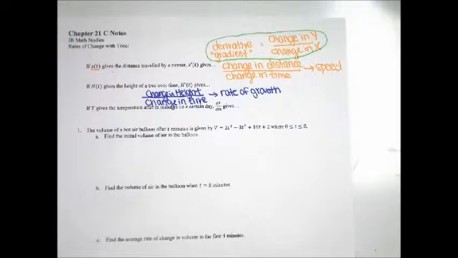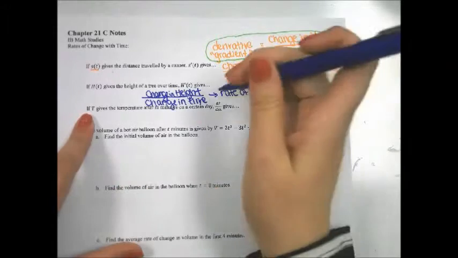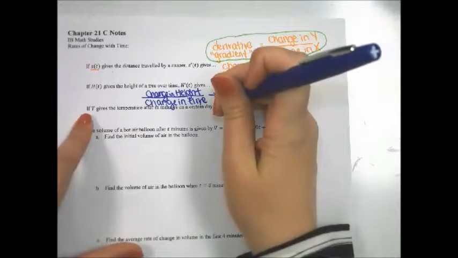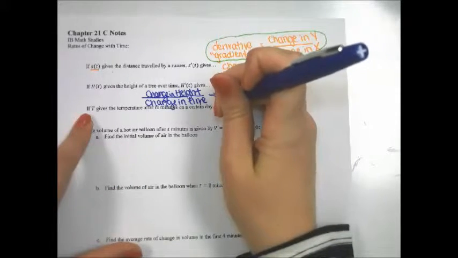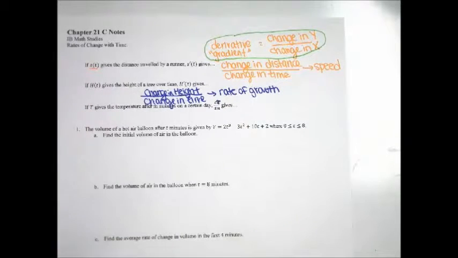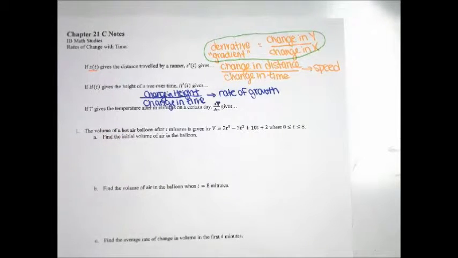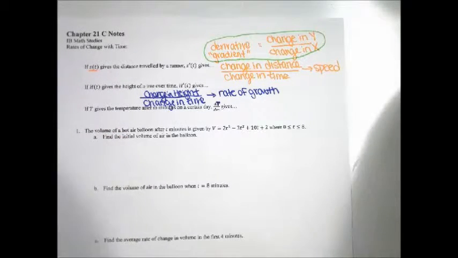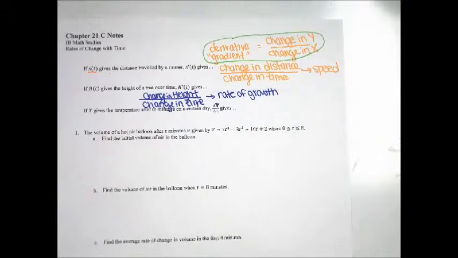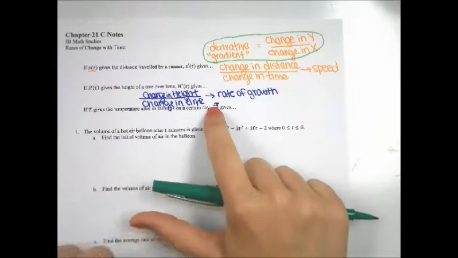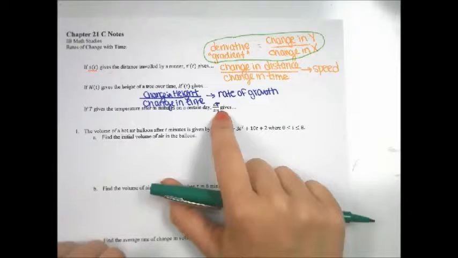If t gives the temperature after m minutes on a certain day, what does dF over dm give? This should be dt. I don't know why it's dF, so that should be dt. So remember with our dt over dm, this is our difference in t's over our difference in minutes.